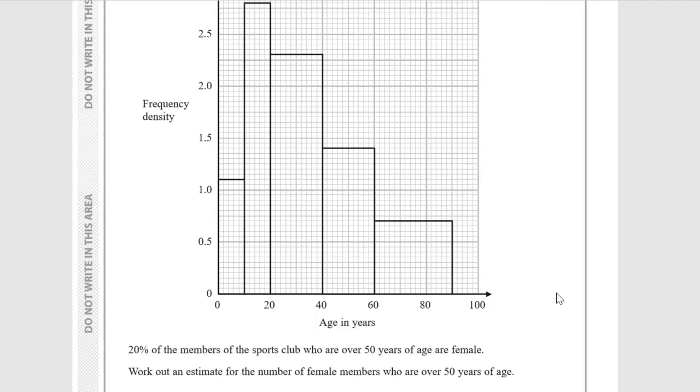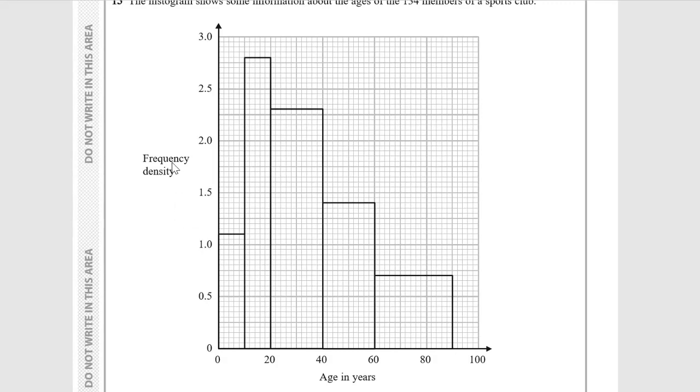So the way that we can do this is because of the frequency density graph. That means that we can find the area by multiplying the height and the width. So here each square is worth 2. So we have 10 here. So here is 10.